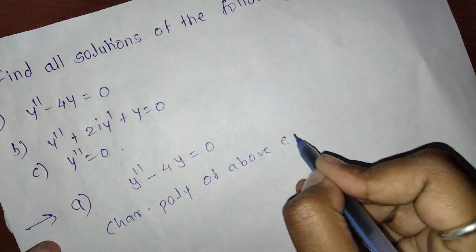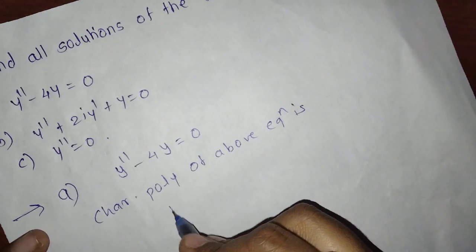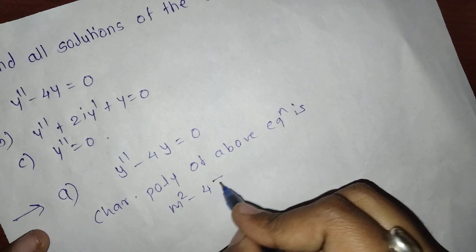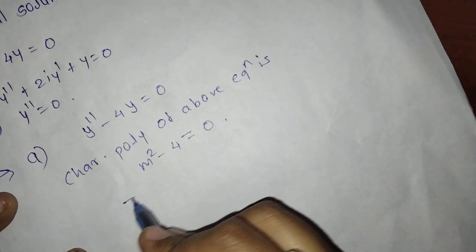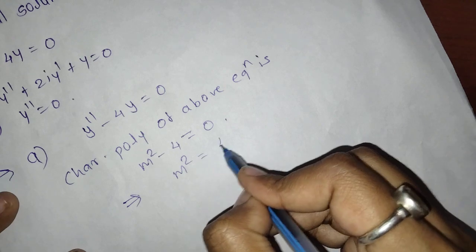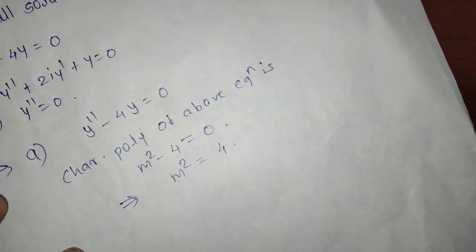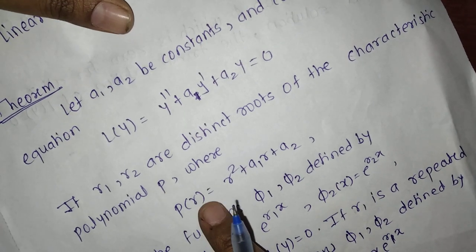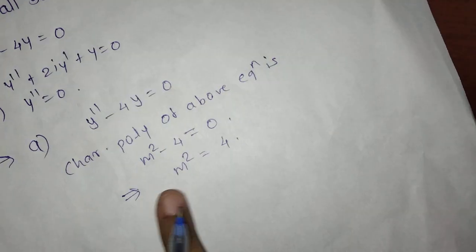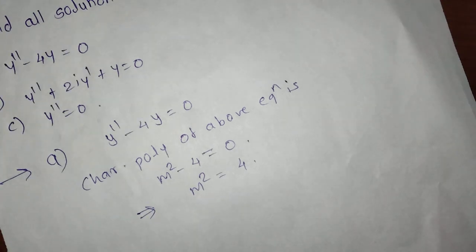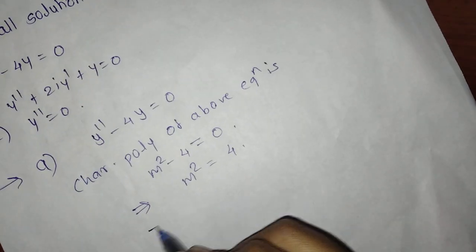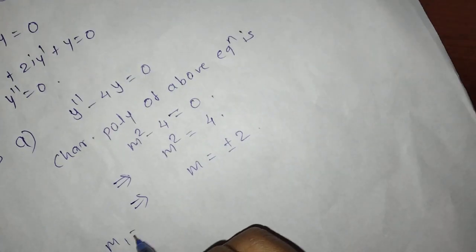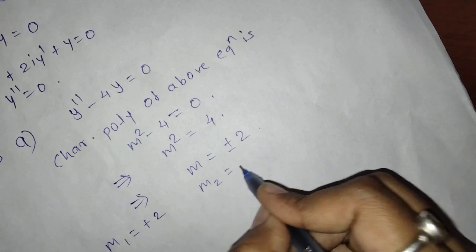The characteristic polynomial of the above equation is m square minus 4 equal to 0, which implies m square equal to 4. Here p of r, the variable taken as r, here I take m. So m square equal to 4, which implies m is equal to plus minus 2, means m1 is equal to plus 2 and m2 equal to minus 2.